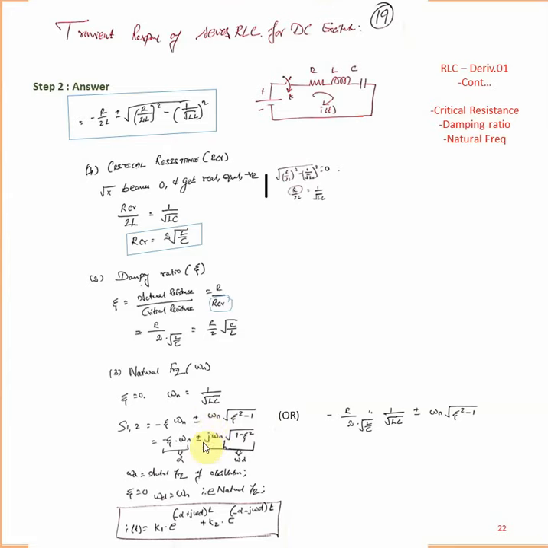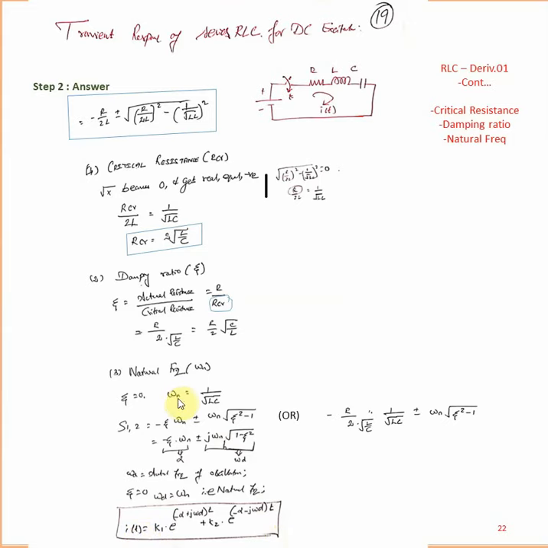This is called omega d, and this is called alpha. K1, or C1, whatever, it's a constant, dot e power alpha plus omega d, plus K2 dot e power alpha minus omega d. That's all. This is the simplified equation for the natural frequency.